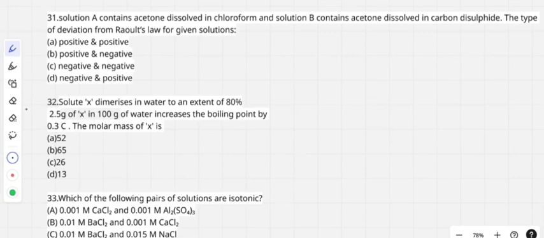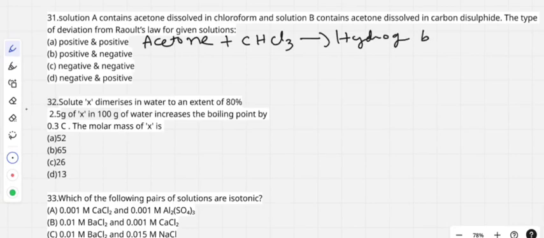Here acetone dissolved in chloroform, CHCl3, forms a hydrogen bond. Due to the formation of hydrogen bond, it undergoes association, so it shows negative deviation.